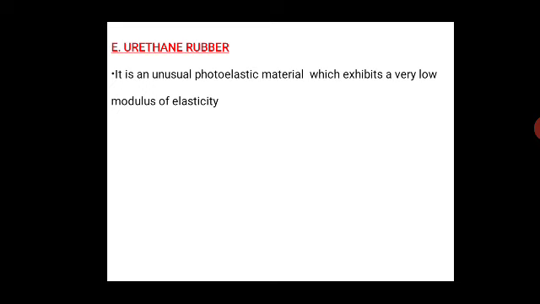The urethane rubber has a very low strain sensitivity compared to the other photoelastic materials. The material can be readily machined on a high speed router, but it must be frozen at liquid nitrogen temperatures before its surfaces can be turned or milled.